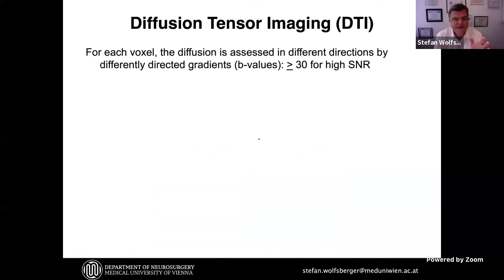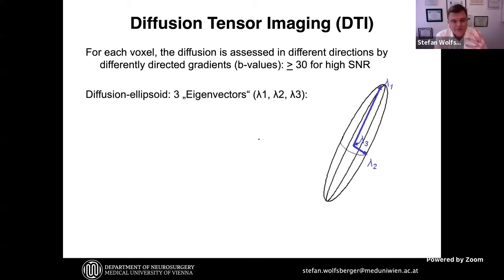So going even deeper, what about diffusion tensor imaging now? For each voxel in the DTI image, we assess the diffusion in different directions. What we do is take at least 30 directions to get a good signal to noise ratio, and the radiologists call these the gradient images.